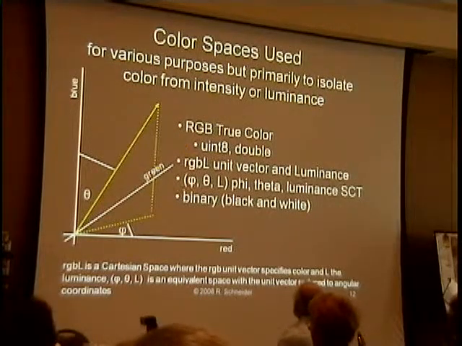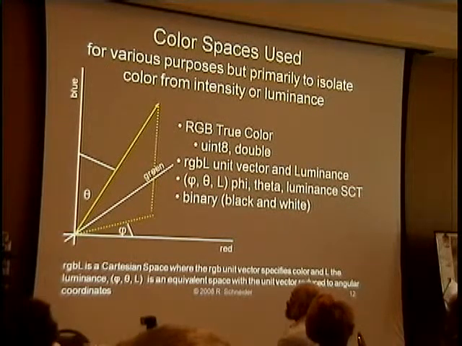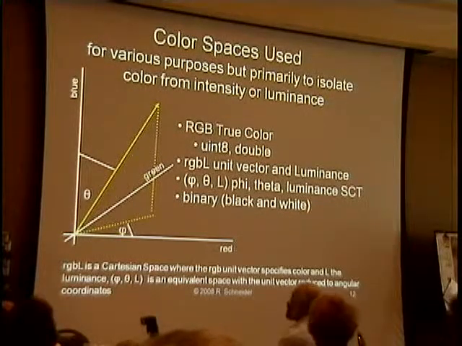So I take the unit vectors and I turn them into a direction, which is a phi theta. That's a direction in color space, and then the luminance. Finally, a 4th color space is binary, which is really helpful because binary images let you make masks where you can go in and say, I want to pick this bunch of colors out because they have some property that I like.